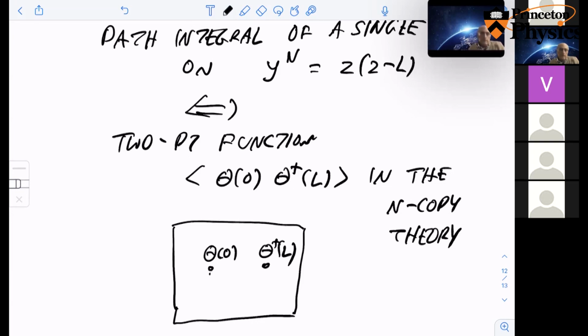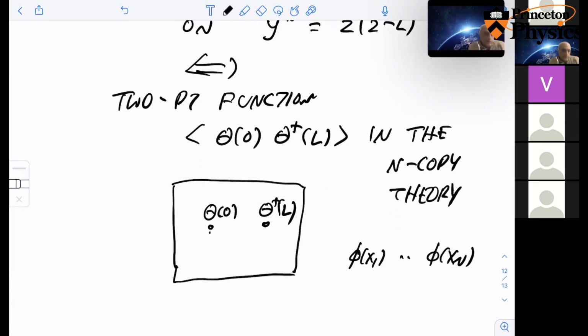So if we were doing a path integral, we would have n fields phi_1 up to phi_n, except that going around the twist field would permute phi_k to phi_(k+1) when we go around theta.